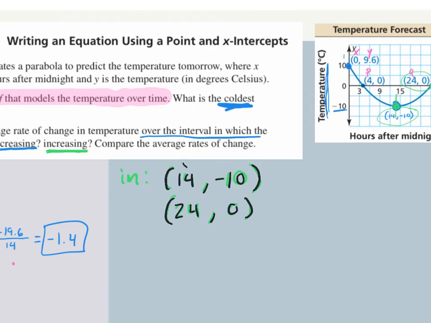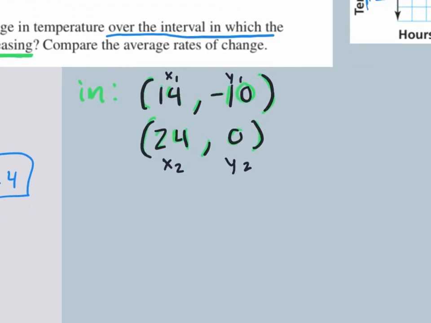So our first point is our x1 and our y1. Second point is x2, y2. Then we just do the same thing we did in the last one. We plug it in. So we have y2 minus y1, 0 minus negative 10 over x2 minus x1. What is 0 minus negative 10? 10.